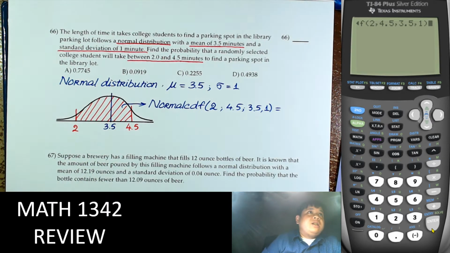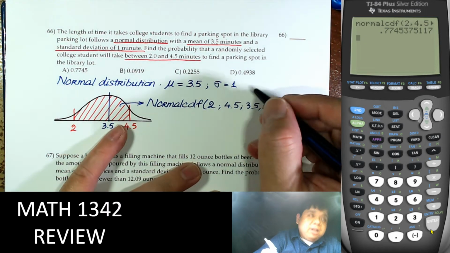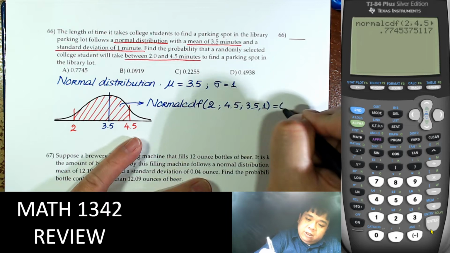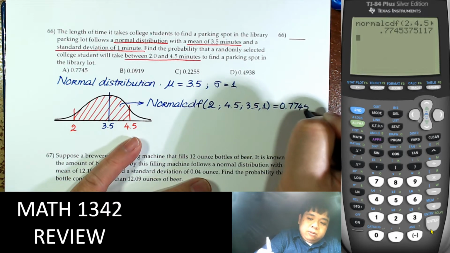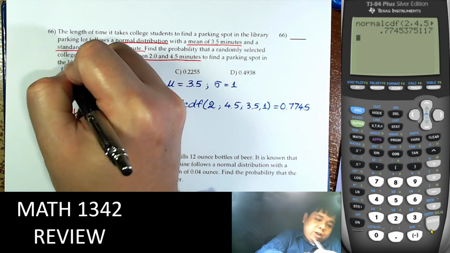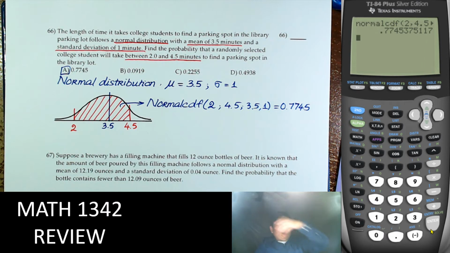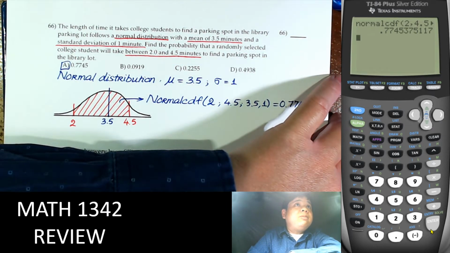So do that. We have 0.7745. Right, so very straightforward. Usually in this type of problem, the question says that it is normally distributed and gives the mean and standard deviation, so we come directly from that.